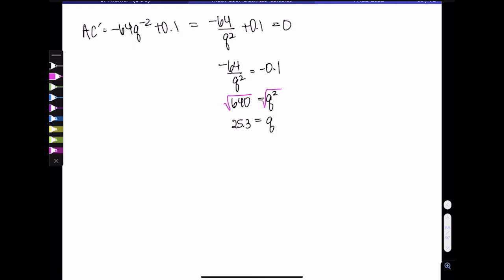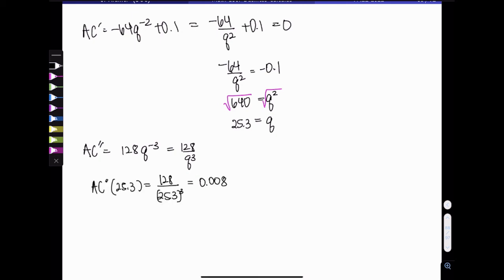We need to make sure that this is in fact a minimum, and we'll do the second derivative test to verify. So I'll take the second derivative of my average cost function. The second derivative is 128Q to the negative 3, or 128 over Q cubed, which we'll use to evaluate our critical number.